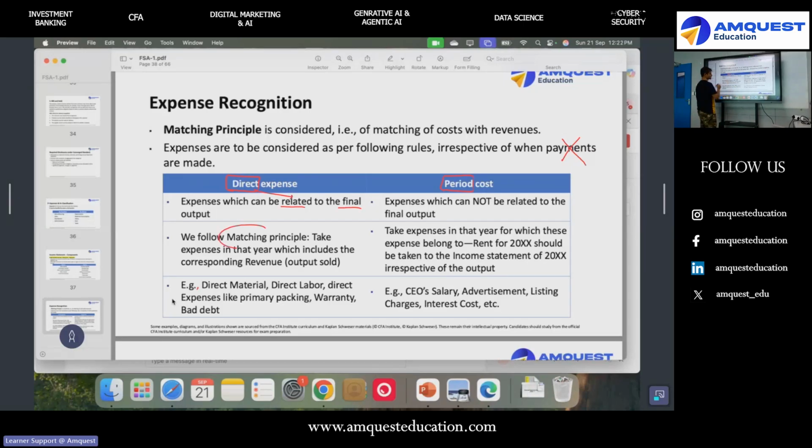I will follow the matching principle, right? Like direct labor, 1-to-1, direct expenses, manufacturing cost. I can match it, right? Basic cost, direct cost. If it's an indirect cost, like let's say rent, you can't match the rent to production, right? Printing, stationery, salary of CEO or managers, you can't match them.